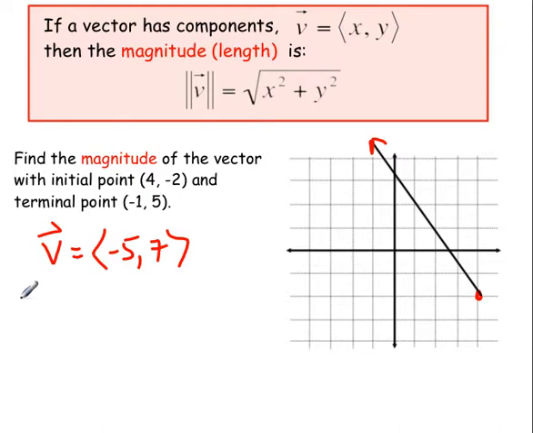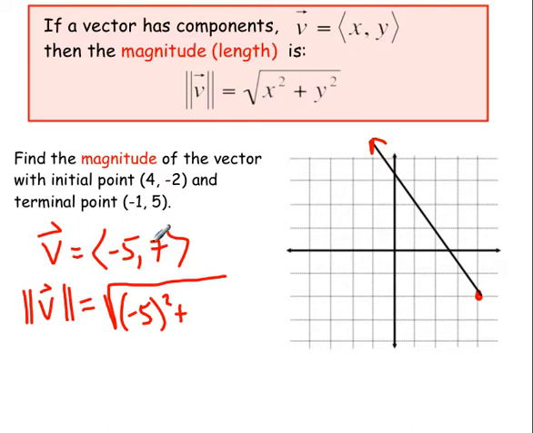Okay, now if we're told to find the magnitude, we're going to follow this formula, and we're going to do the square root, and then we're going to take the x component and square it, and then we're going to take the y component and square it.